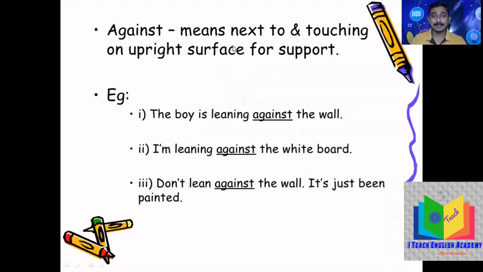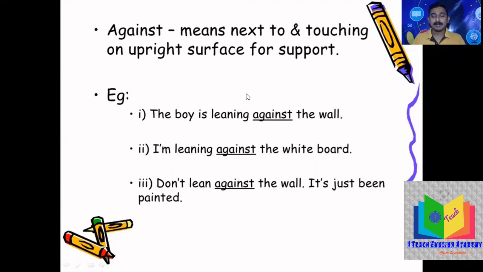The preposition against means next to or touching an upright surface for support. For example, when you sit, sometimes you lean against the wall. We should never say lean on the wall, lean against the wall, because the word against means next to or touching the surface for support.